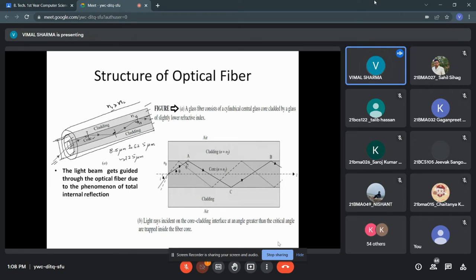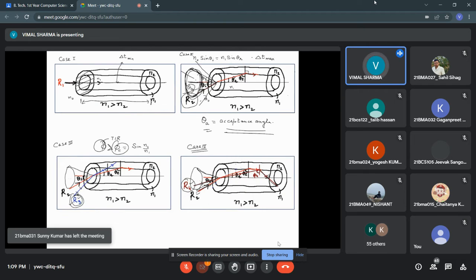Exactly what is that angle above which light is not allowed by the optical fiber and below which light is allowed or accepted by the optical fiber? That angle is called the angle of acceptance. We derived an expression for this angle. As we said yesterday, it depends on the refractive indices of core and cladding.